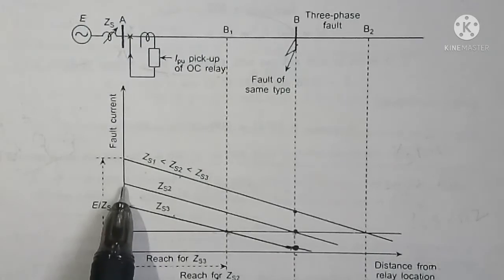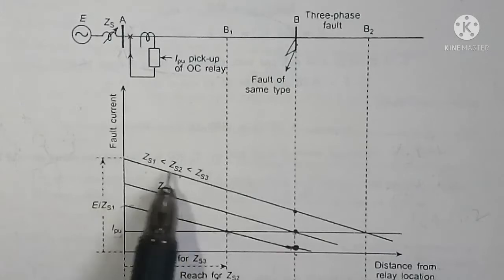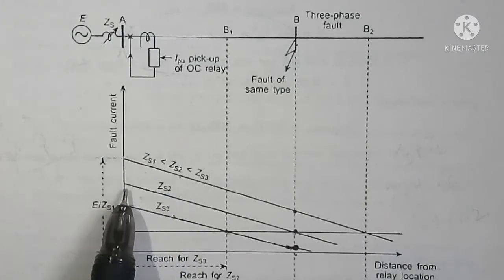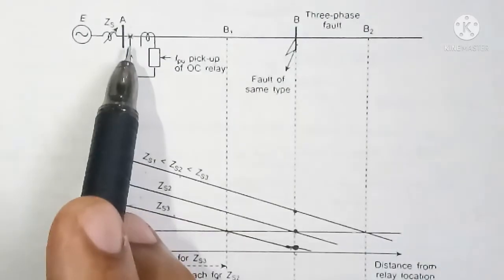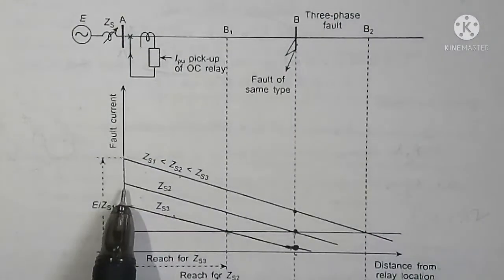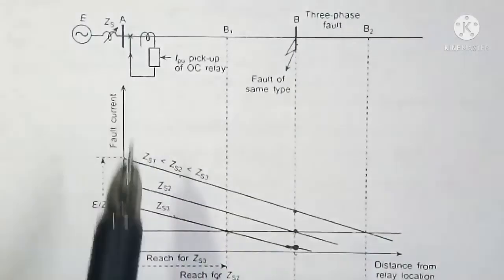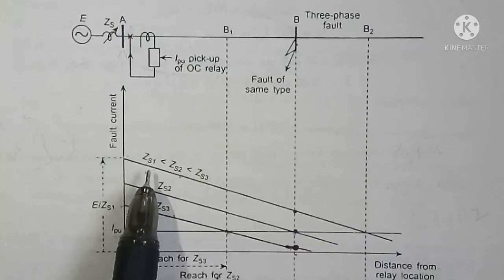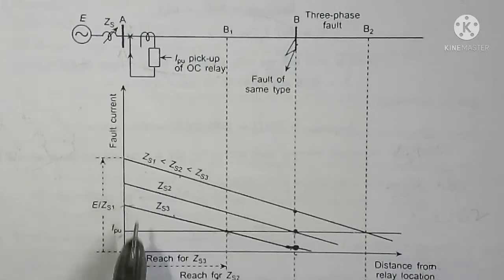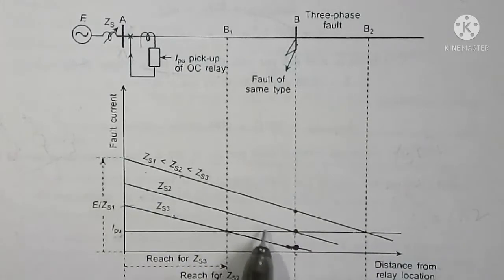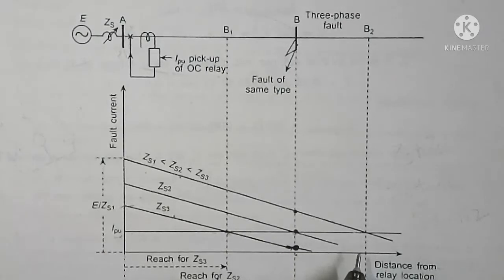For source impedance ZS2, which is slightly more than ZS1, the fault current for the fault occurring at the relay location is less than the fault current for the fault occurring at the relay location but with source impedance ZS1, and that fault current will also go on decreasing as we go away from the relay location.